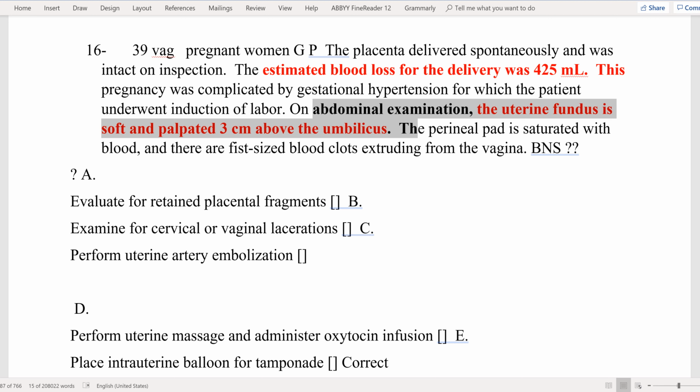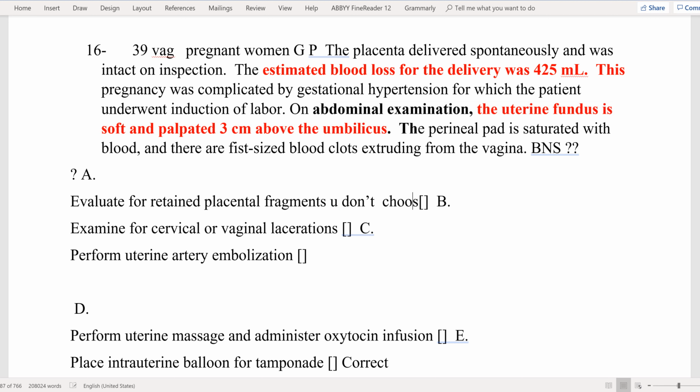Let me show intact placenta on inspection. That's what they did: placenta delivered spontaneously and intact on inspection. Wait, where does it say placenta is intact? It doesn't say, so I'm adding it here.